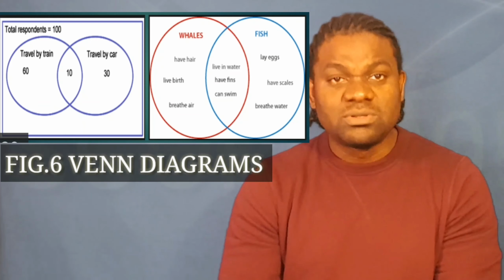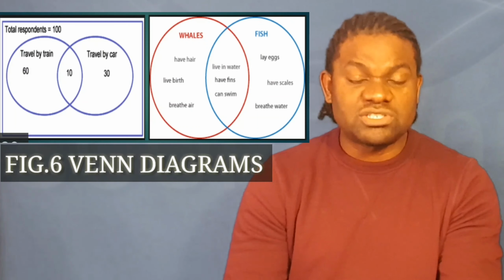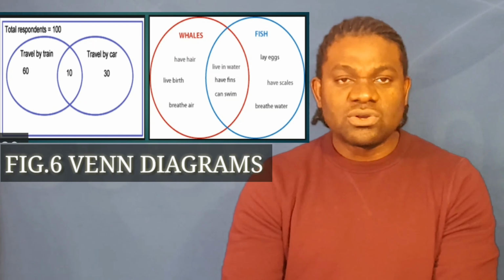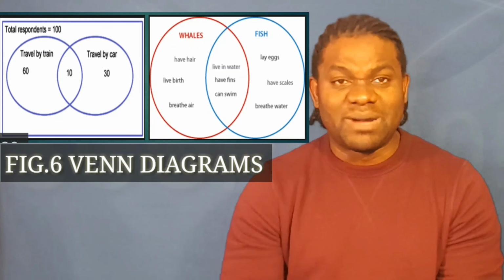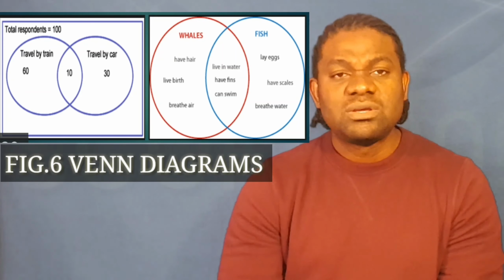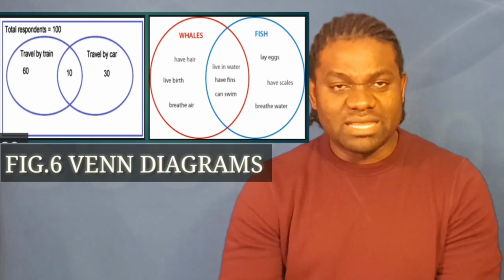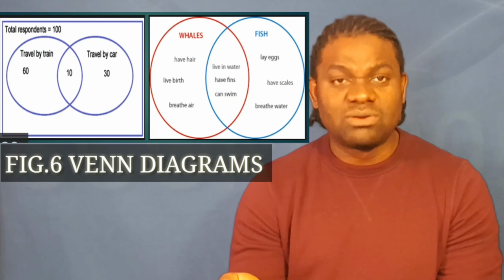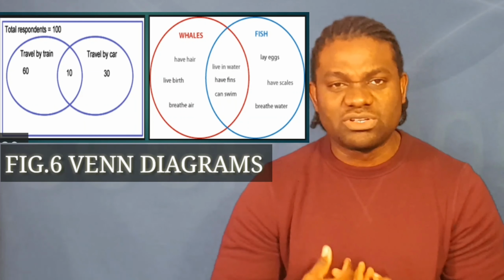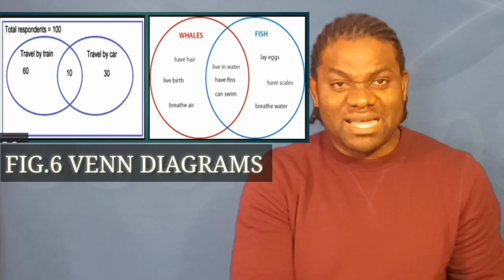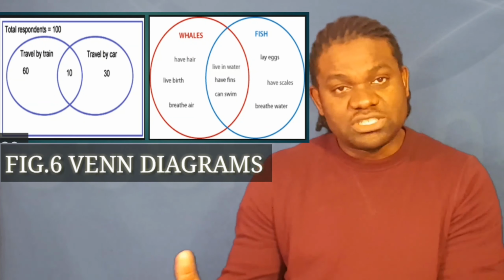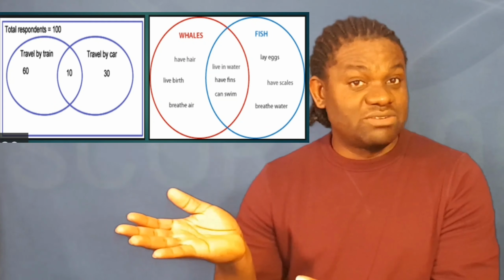And then there are some people that actually go to work either by bus or by train. So a Venn diagram is usually represented in a circular format, or sometimes used with brackets together. But the one I'm showing you right now is in a circular format. So they're not going to bring out any complicated thing that you would face in mathematics. It's going to be more of the logic side of things, like the one you're seeing right here.